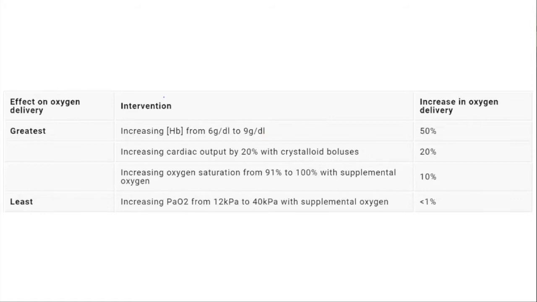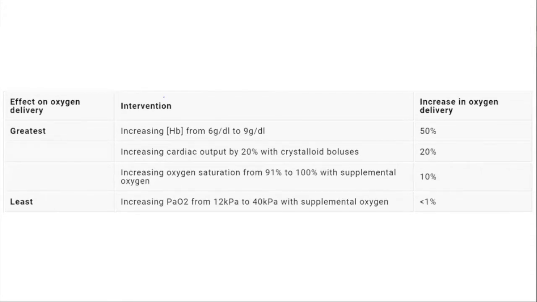Essentially, the things that have the greatest effect on oxygen delivery are, 1, boosting the hemoglobin. The second thing is to increase your cardiac output by increasing the circulating volume. And the third thing is to boost your oxygen saturations.